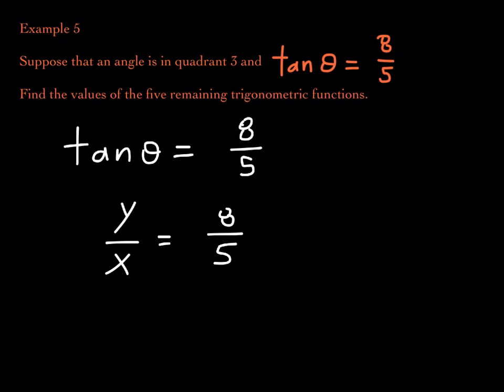Now this implies that y is -8 and x is -5. Why negative? Well, because they told us in the beginning that we're in quadrant 3. And in quadrant 3, both x values and y values are negative. And after all, if you divide a negative by another negative, you get something positive, and our function value for tangent is positive.